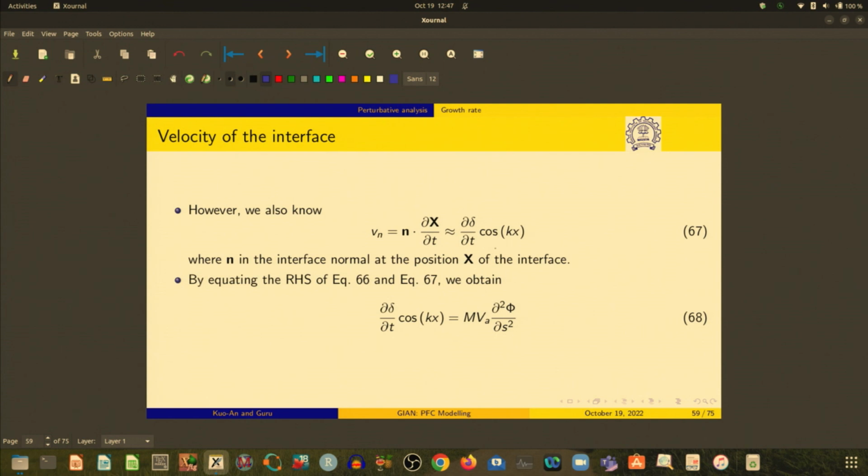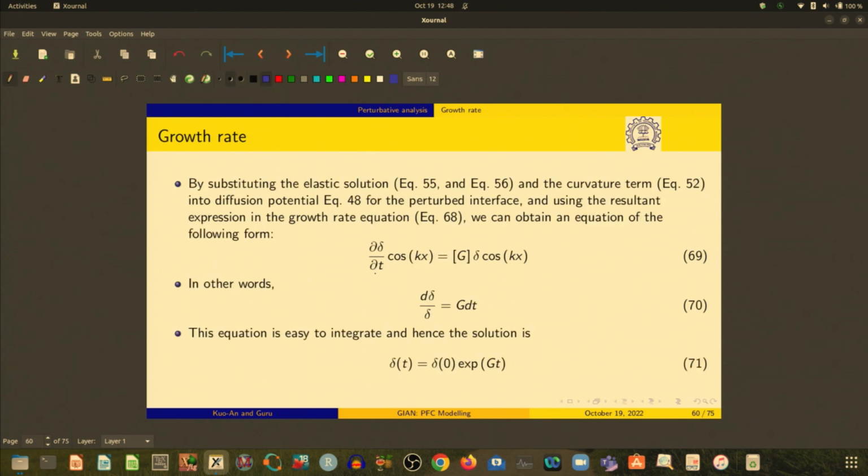So, dou delta by dou t is cos kx approximately, where we have thrown away any term which is del squared and so on. So, you can see that dou delta by dou t times cos kx is this expression, and we know all these terms, if you know P1, P2, M1, M2 of course. So, you can substitute here and you can look at the growth rate, right.